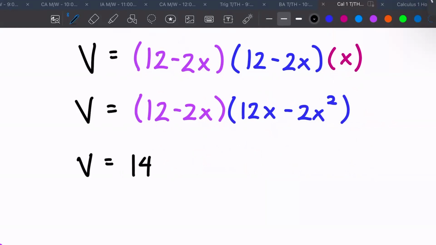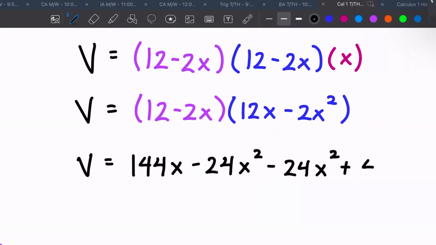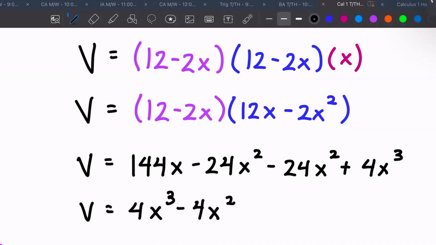So that's 144x minus 24x squared minus 24x squared plus 4x cubed. Okay, so I'm going to put it in descending order and add my like terms on the next line. So 4x cubed minus 48x squared plus 144x.